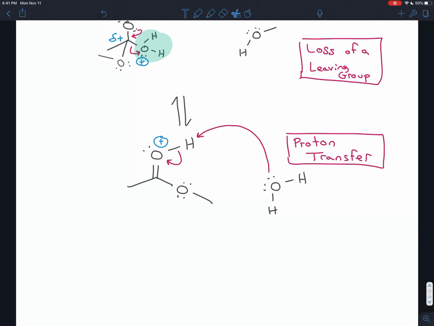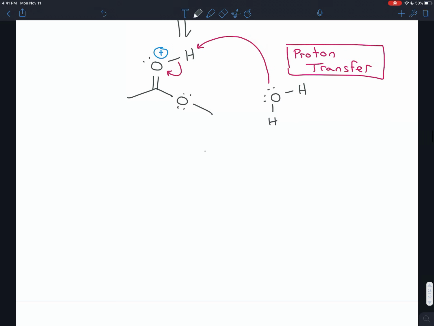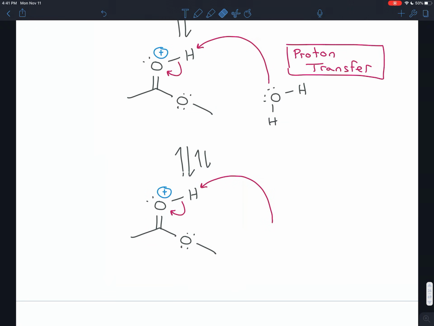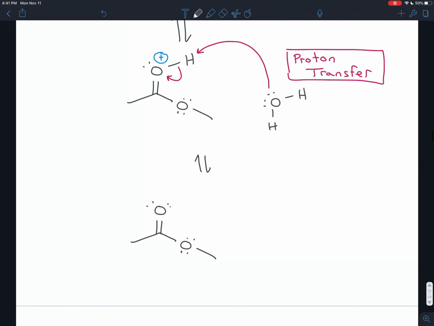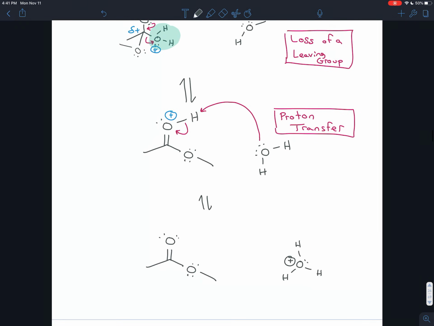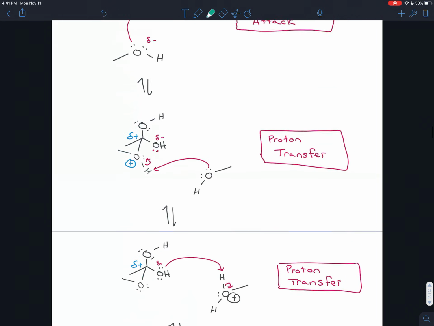The electrons would snap back onto the oxygen to help stabilize the negative charge there, and the product you would be left with after that proton transfer would be this ester. We'll also have hydronium, which you notice is the acid catalyst that we could have started with. Okay, and this is the molecule that we wanted to explain getting.